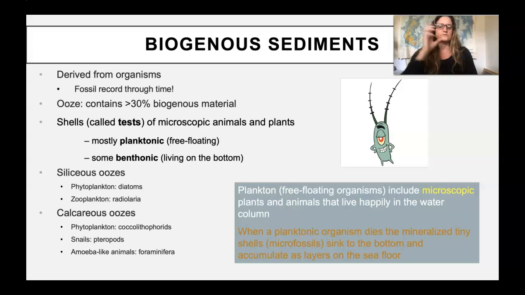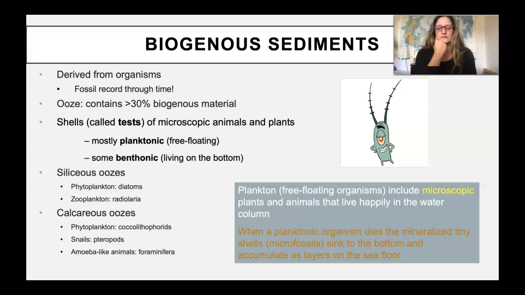The siliceous oozes are going to be either phytoplankton or zooplankton. Phyto are plants, zoo are animals. The phytoplankton in siliceous oozes are diatoms, and the zooplankton are radiolaria. Calcareous oozes similarly have phytoplankton.